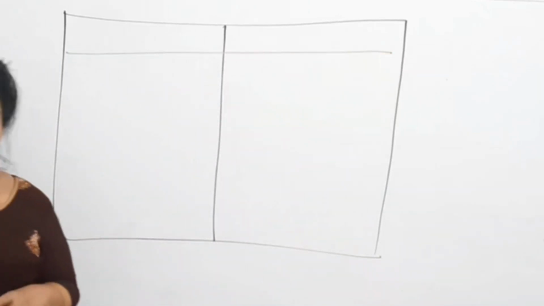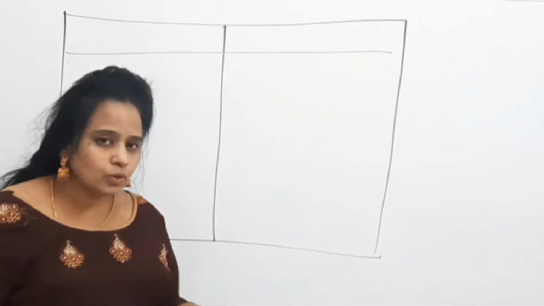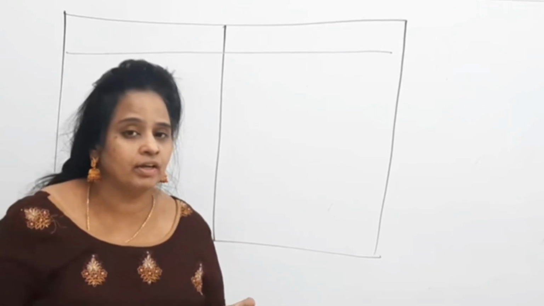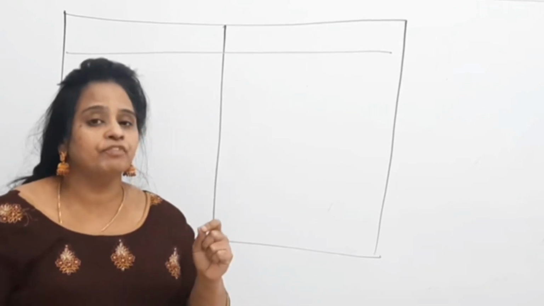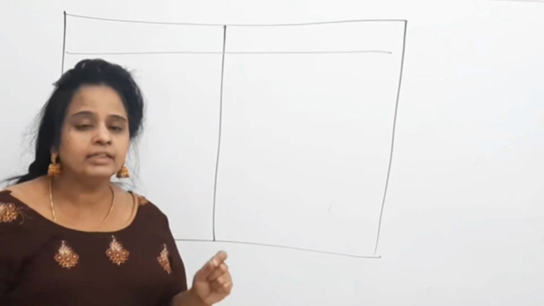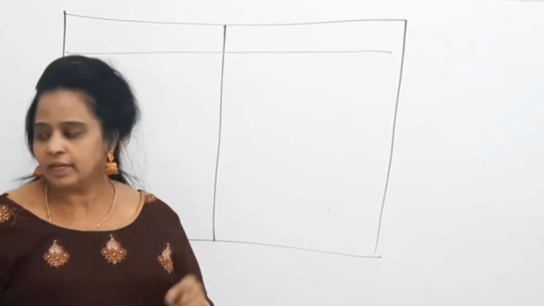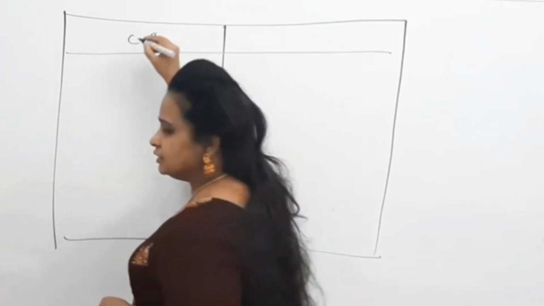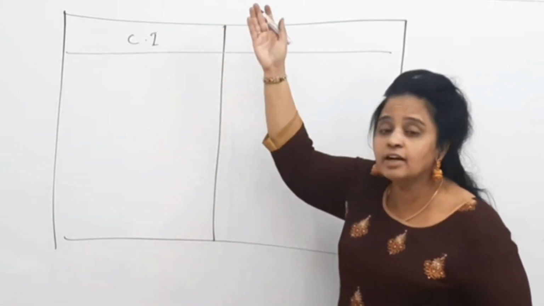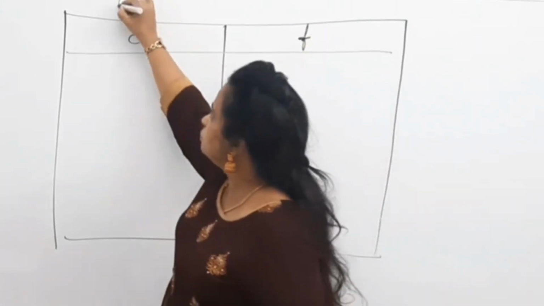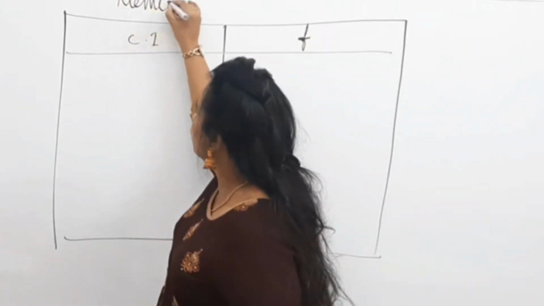Children, one hint here, as I told you for the median, you have to make the class interval continuous. If not, so it is very important to make the class interval continuous. Let me have my class interval. This is method 1 under mode, class interval and the frequency.